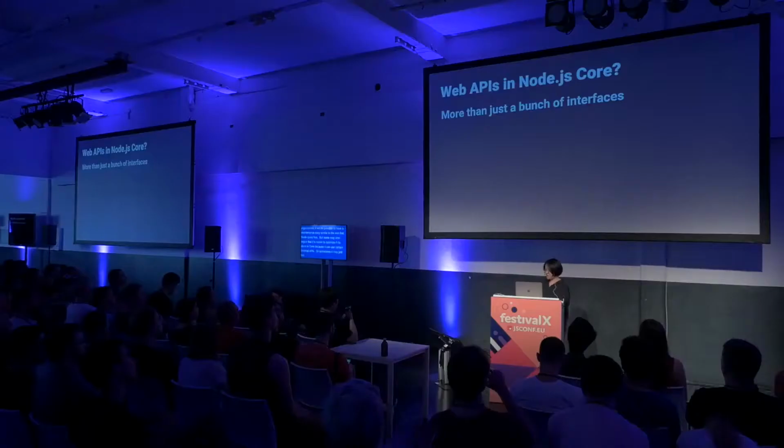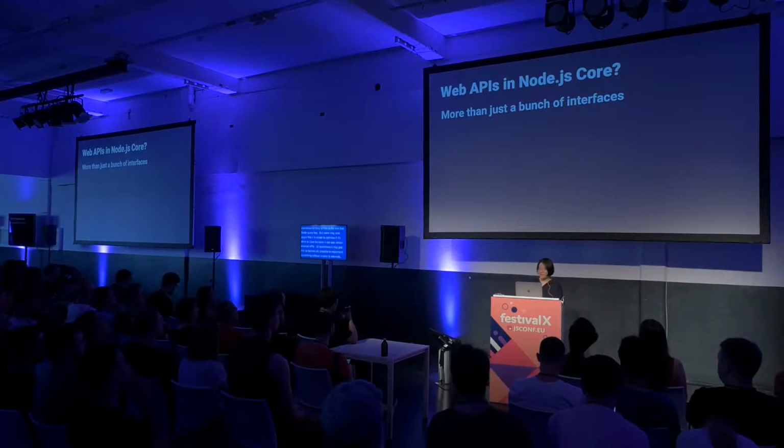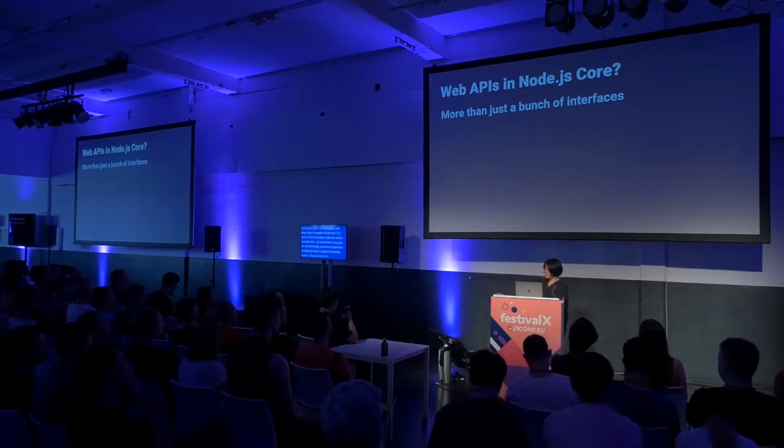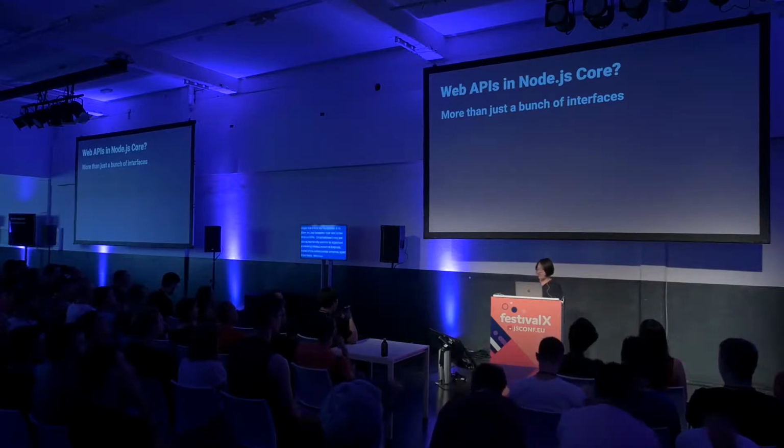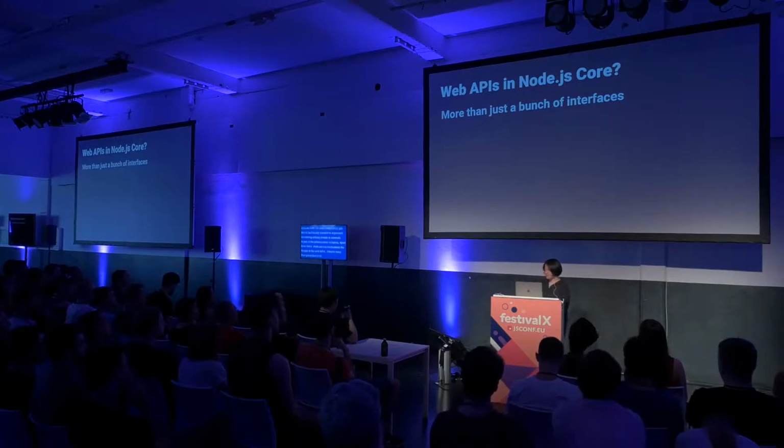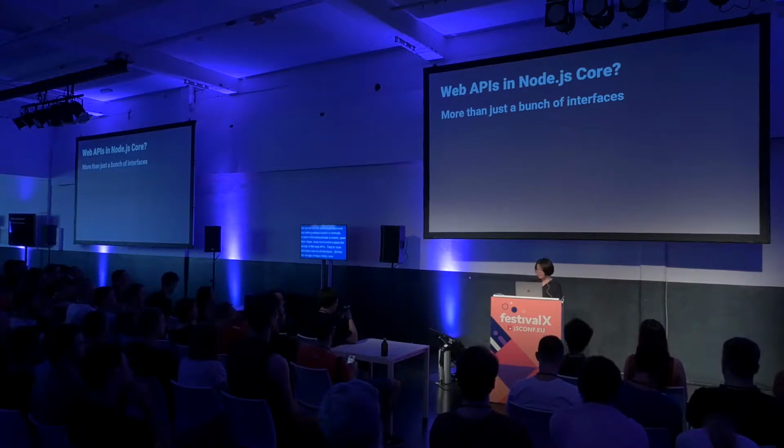Apart from the philosophical concerns, there are also concerns about the design of the web APIs, because they're more than just a bunch of interfaces. Behind the design of these APIs, there is a very different context. For instance, the browser has a very different security model.